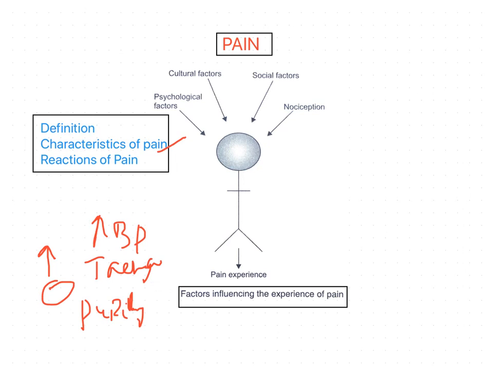Okay, and also what are the factors which influence the experience of pain? One is nociception, that means the painful stimulus, and any social factors, maybe social well-being, that is social status, which also influences the experience of pain, and also the cultural factors and psychological factors.